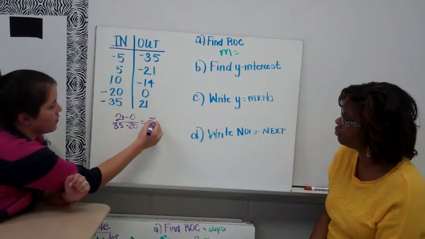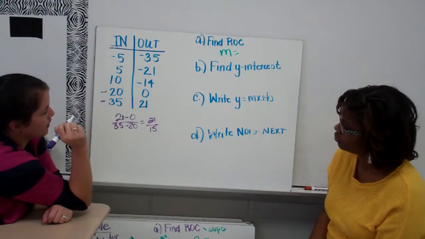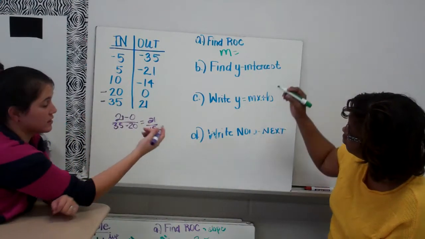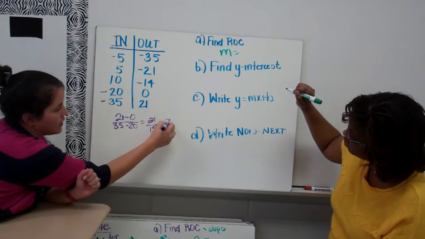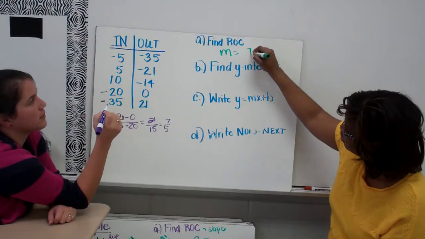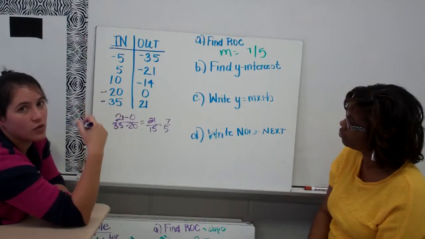You would get 21 over 15. And then you can reduce, since it's a fraction, we can divide the top and the bottom by 3, and we get 7 over 5. So my slope is going to be 7/5, which means you would rise 7, run 5.